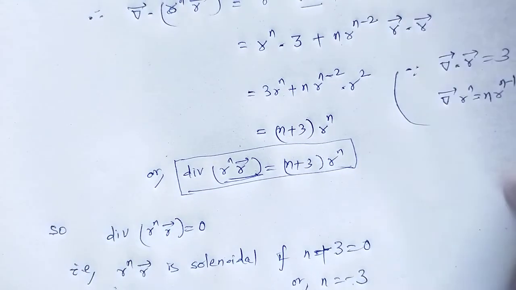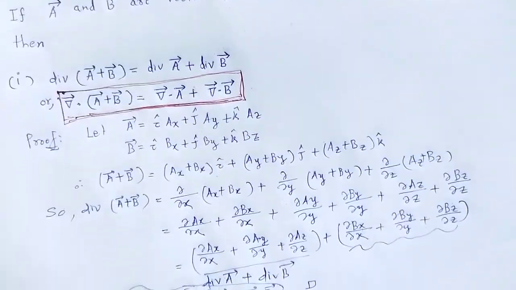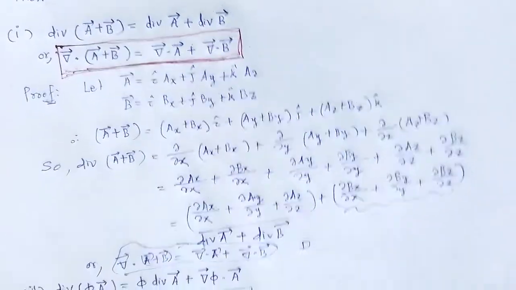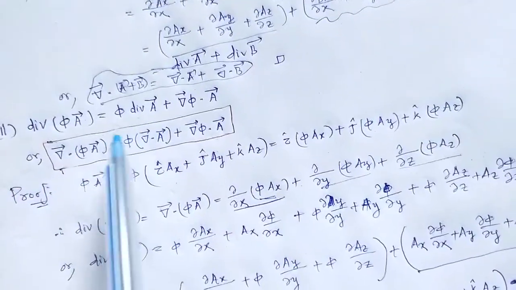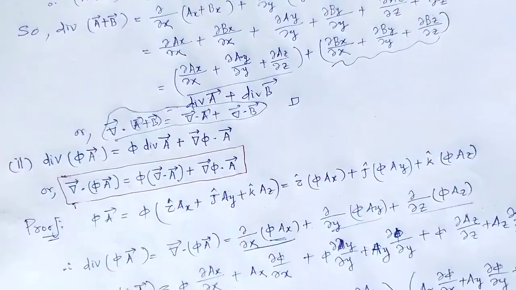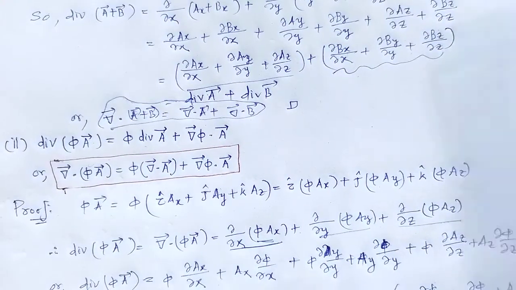With the help of this video lecture we studied two properties of divergence, that is divergence of a plus b is equal to divergence of a plus divergence of b, and divergence of phi a, where phi is a scalar function and a is the vector, that is phi grad dot a plus grad phi dot a.